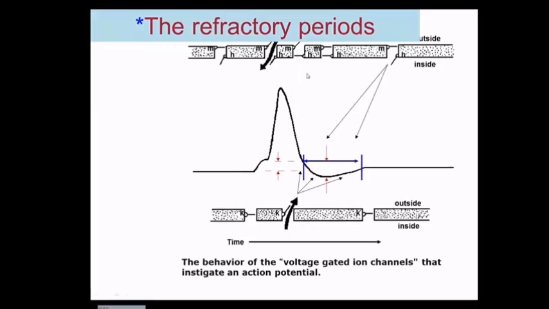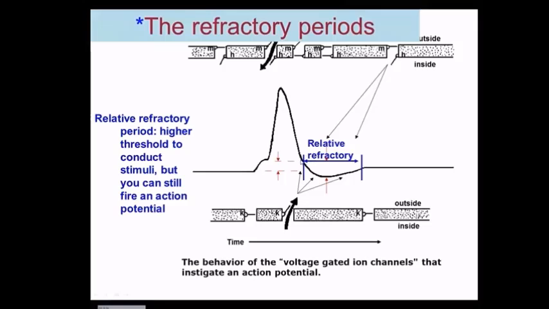Okay, let's talk about the relative refractory period. The relative refractory period is when there is hyperpolarization. So the bottom line is hyperpolarization and the relative refractory period are really the same thing. So what makes it relative refractory? It's hyperpolarized. Now check this out: from here to here is threshold, right? Threshold doesn't change. Threshold is all the way across.